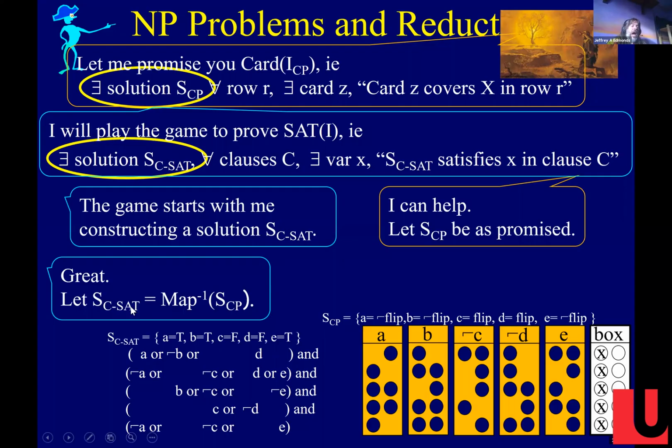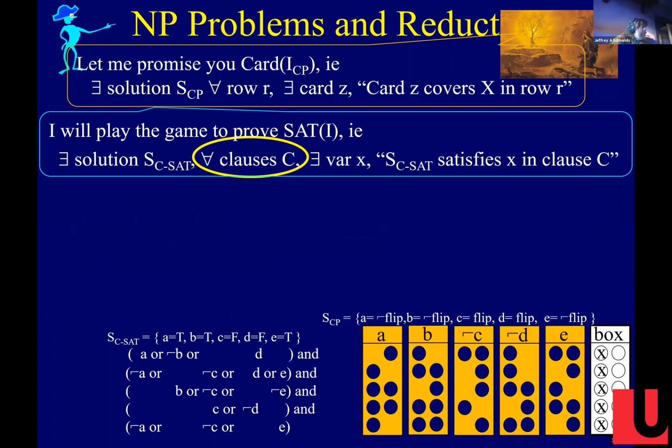So now I'm claiming that there exists a solution to the variables, and now I have a solution, so I just have to prove that it has the right properties. So let's move along. What do we have to prove? We have to prove that the setting of my variables satisfies every clause, right? So how do I deal with the for all clauses?